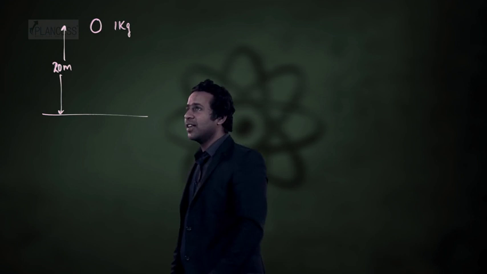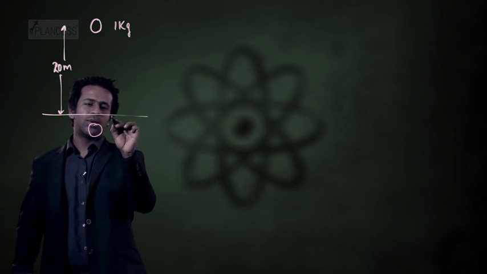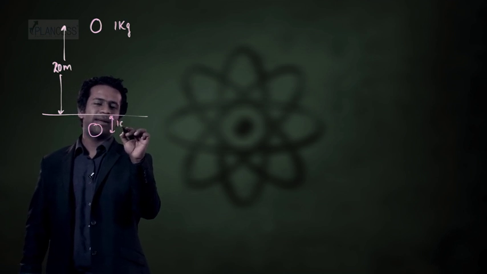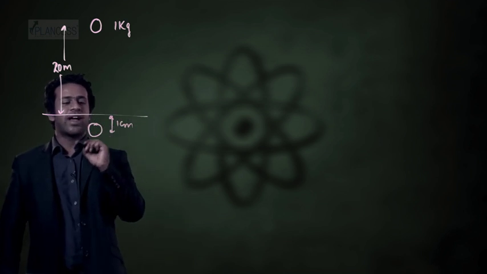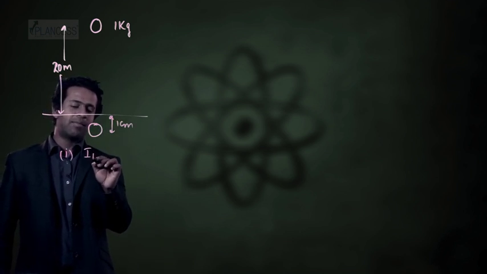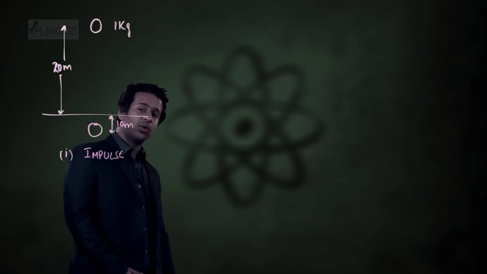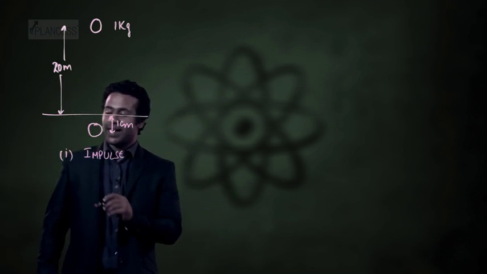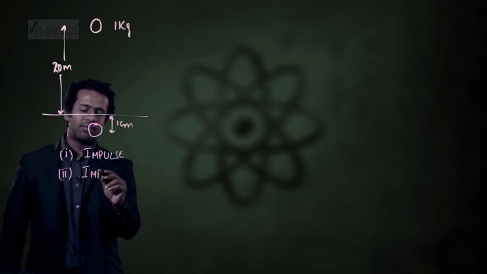So say it is given that after collision the ball goes down to a height of 1 centimeter. Right. So what we have to find is, first of all, the impulse applied by the ground on this ball, and secondly, we wish to find the magnitude of the impulsive force.